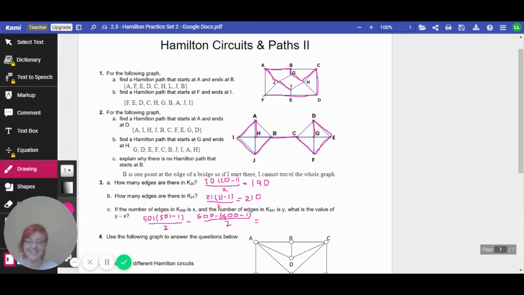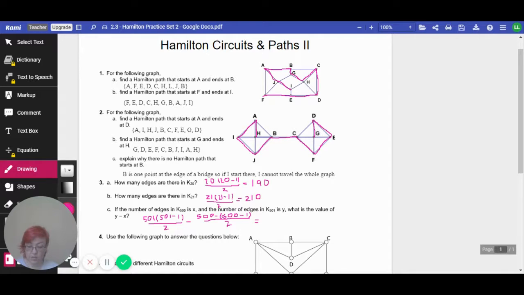And then for 500 times 500 minus 1 divided by 2, I got 124,750.